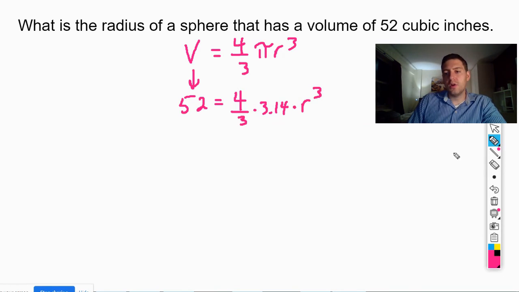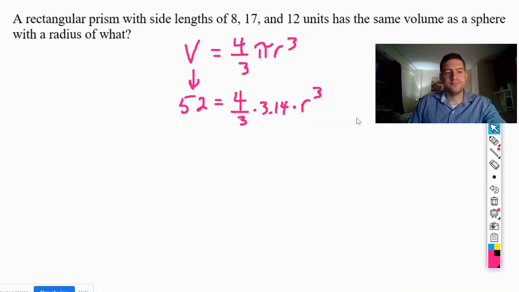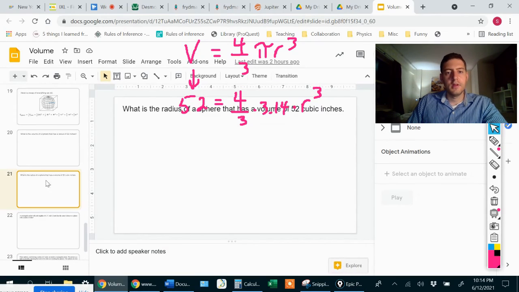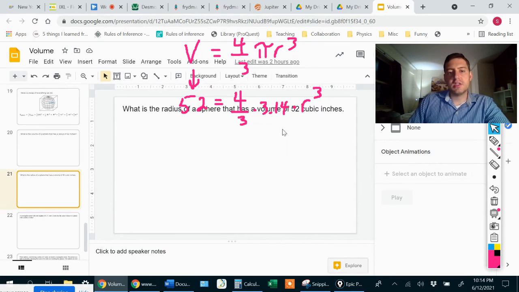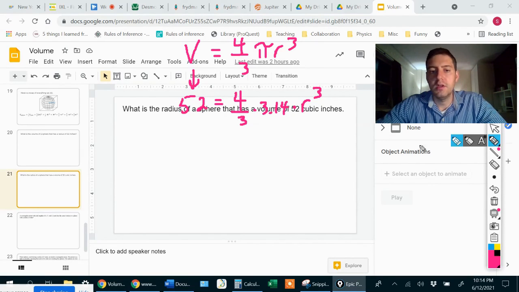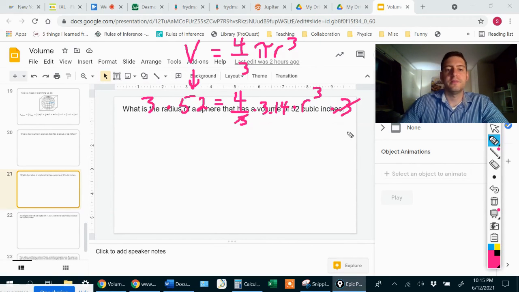All right, and now we're going to solve this equation. So if we multiply both sides by 3, then that would cancel this 3 over here.